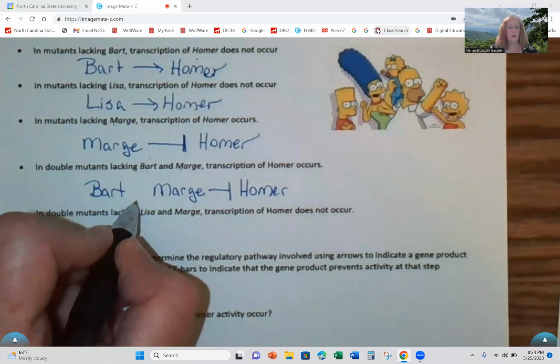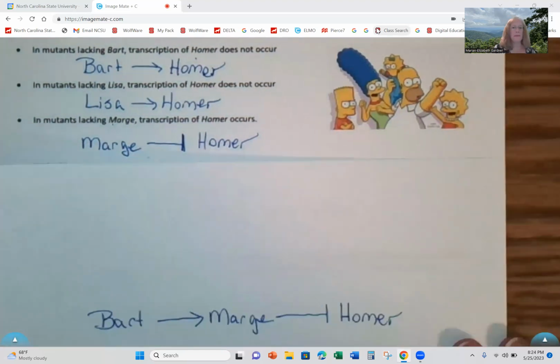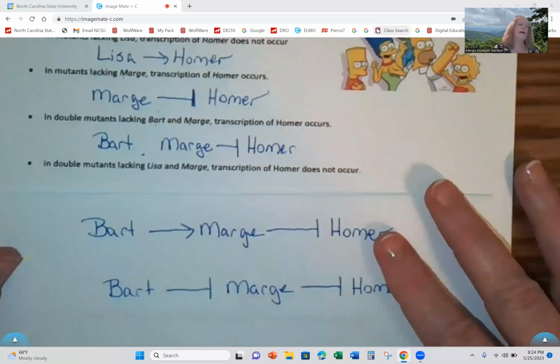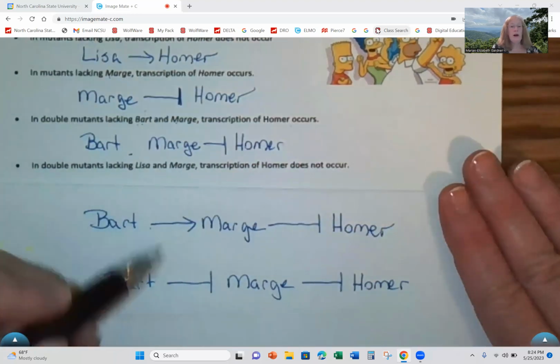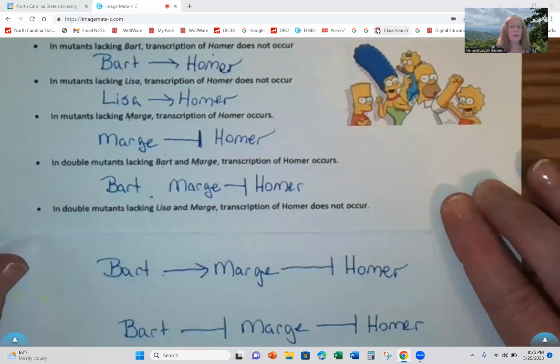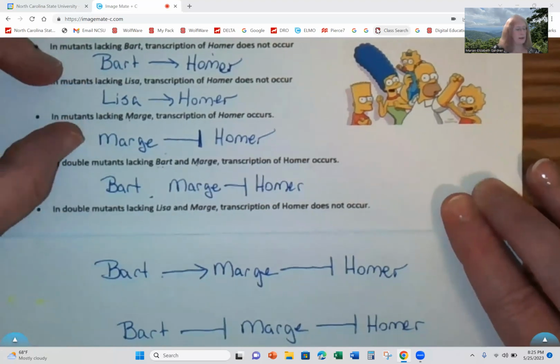The question is, what is that symbol? So let's think about it. What can it be? Okay, the symbol could either be an arrow or a T-bar. But whatever it is, we have to ultimately make it consistent with these two pieces of information that we already had.